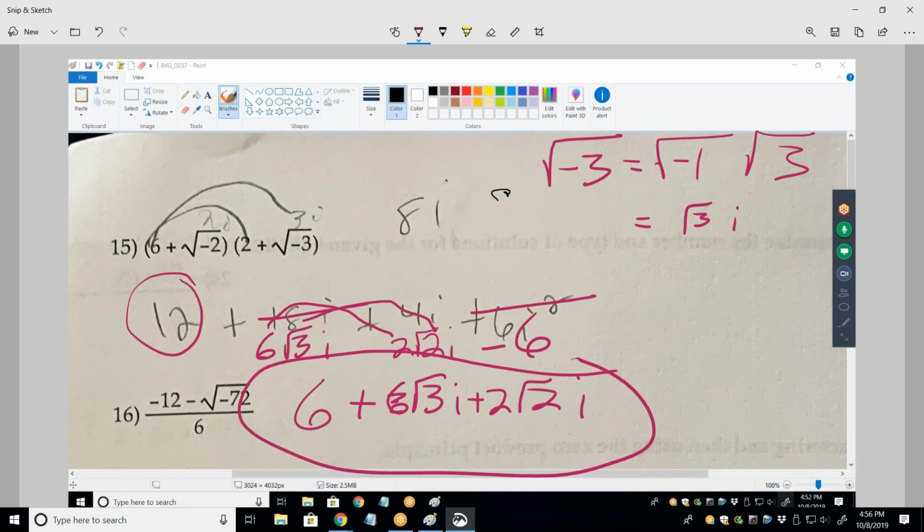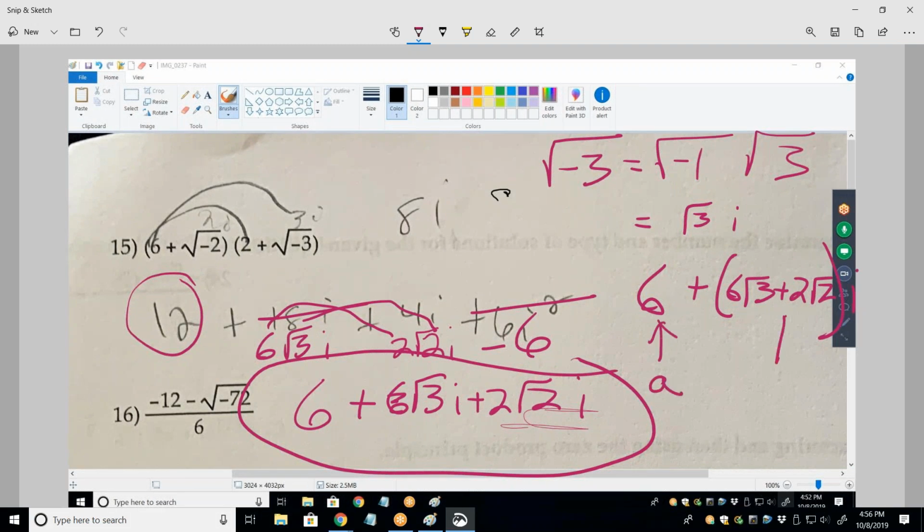And I guess I could factor out the i, so that if I want to put this answer in a plus bi format, here's what it looks like. 6 plus, and now that's a.